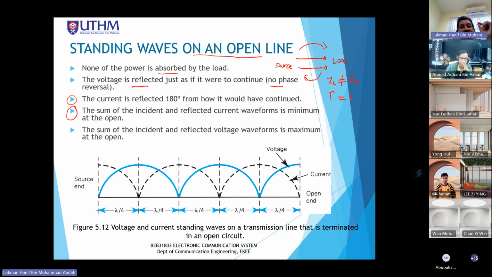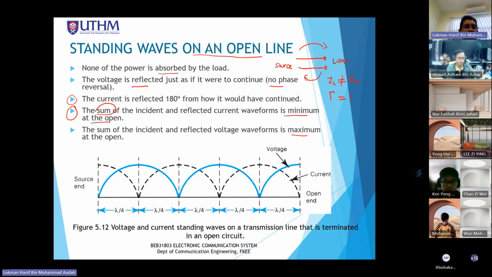When we mention the sum, we can see it from the perspective of voltage or current. The sum of the incident and the reflected current is minimum at the open line. The sum of the incident and reflected voltage waveform is maximum at the open line. So what does it mean?